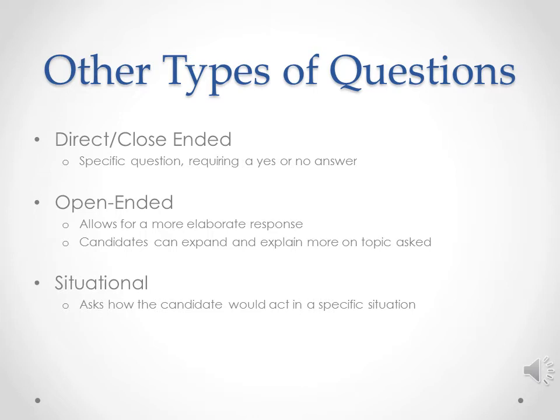Open-ended questions are specific questions that require a more elaborate response, allowing the candidate to expand more on a specific topic or task. And finally, a situational question. This asks how the candidate would act in a particular situation and how they would react to it.